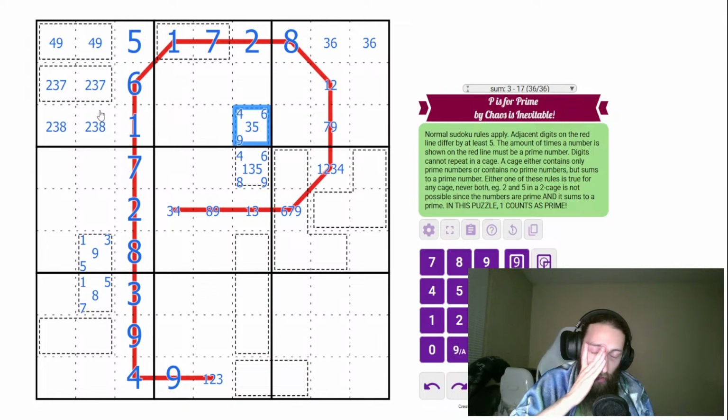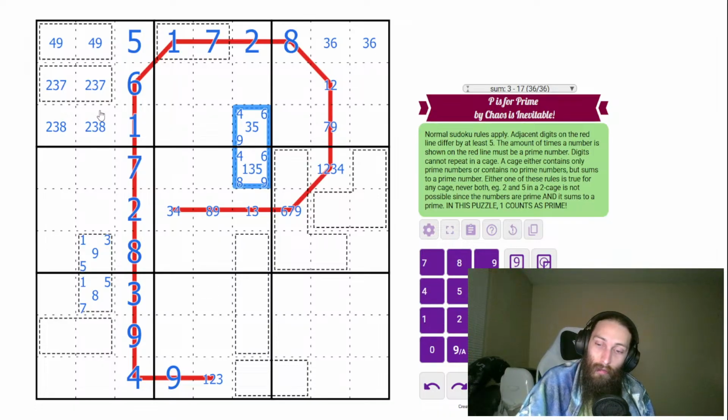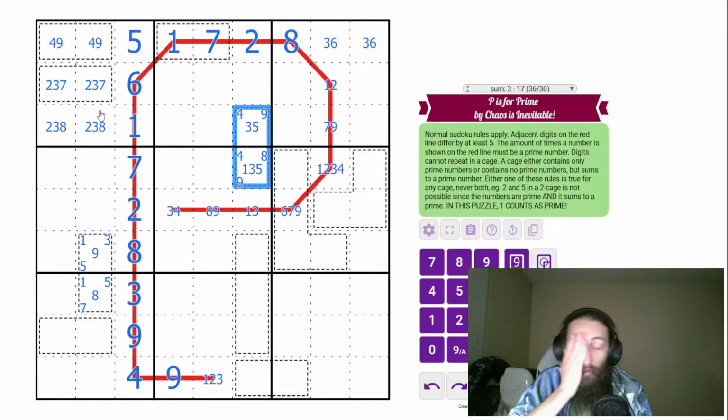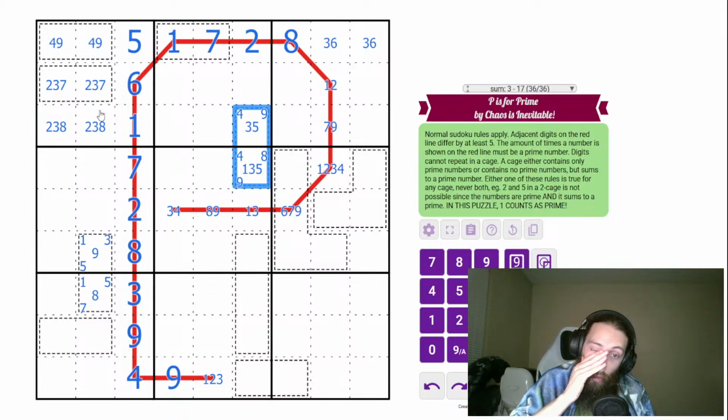The only odd composite number from 1 through 9 is a 9. So a 9 would be required if it's composite digits. So it couldn't be 9, 6. It would have to be 9, 4 for 13 or 9, 8 for 17. Which are both prime.